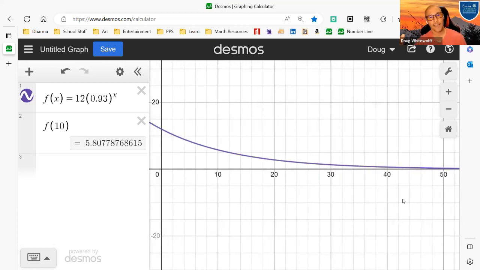So in this situation, this pond will always have a little bit of water in it. No, eventually it'll just dry up. That's what happens. So these exponential functions in situations like this don't really make sense.